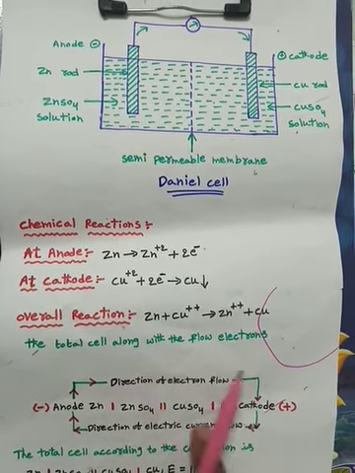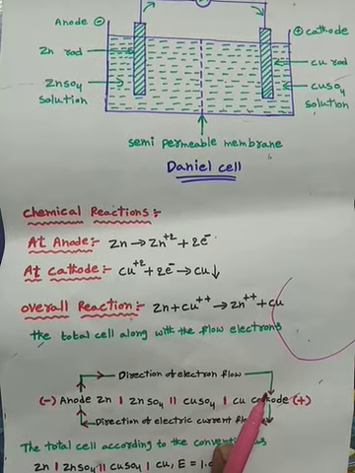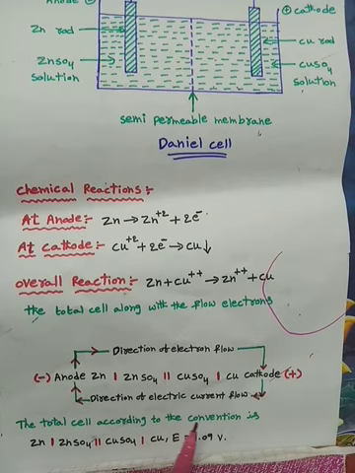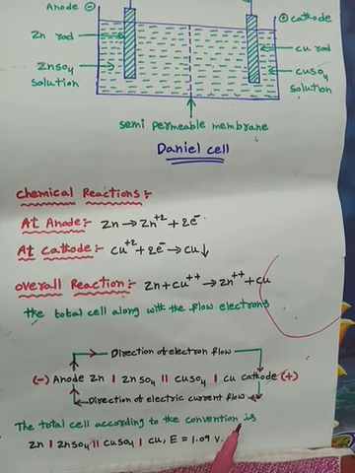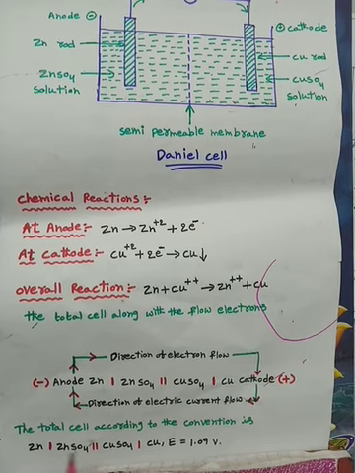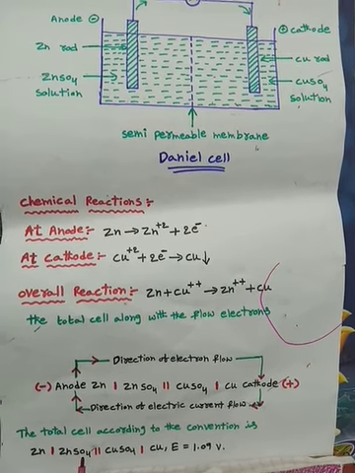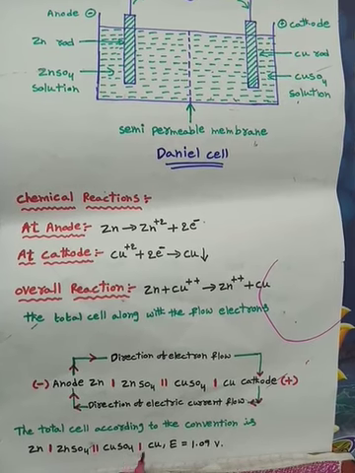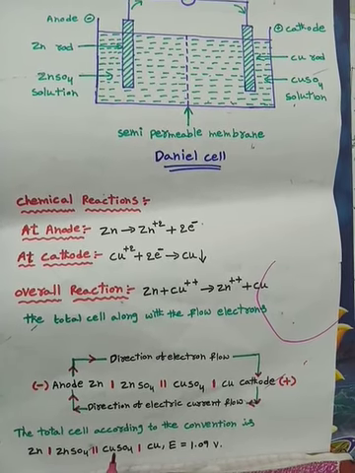So this kind of movement of electrons creates the conductivity, and the total cell according to the convention is written as Zn/ZnSO4, so that means the zinc rod is dipped into the zinc sulfate solution, double slash means the semi-permeable membrane, and copper is dipped into the copper sulfate solution.